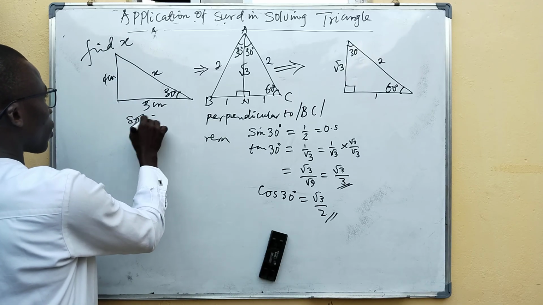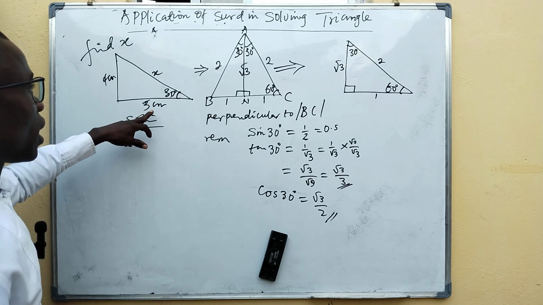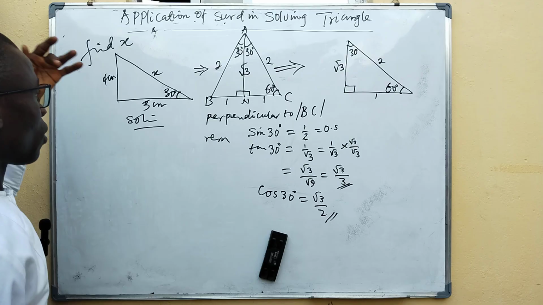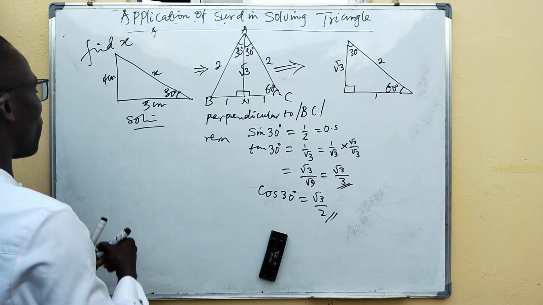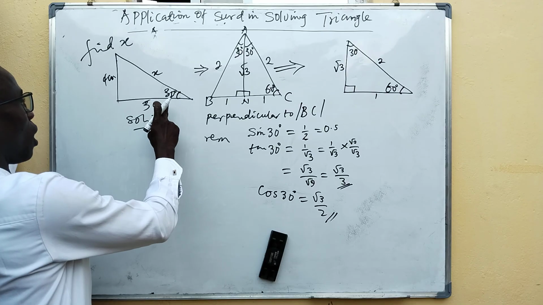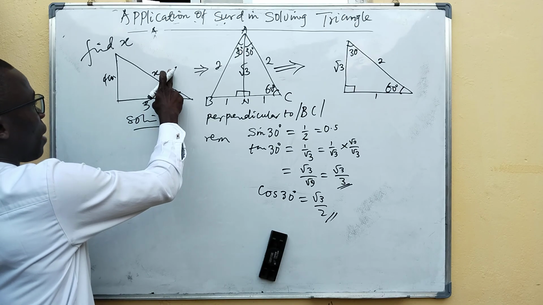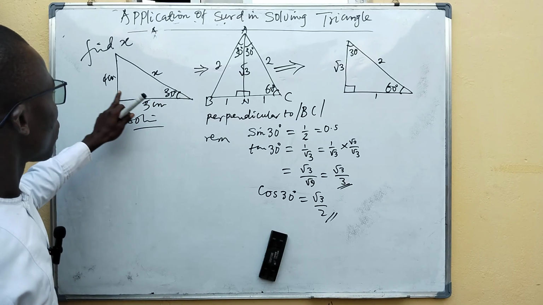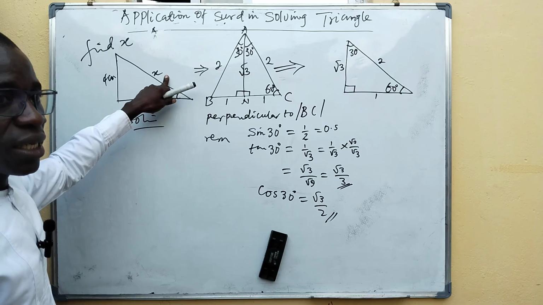Solution. You may say, let me apply Pythagoras theorem to get this. Another way you can also use to get it is this: this is my opposite and this is my hypotenuse. This is my opposite because this side is facing the angle. So opposite over hypotenuse is sine theta.